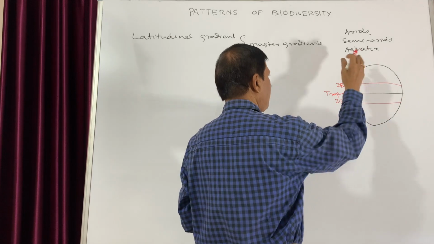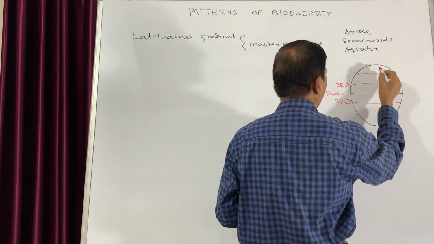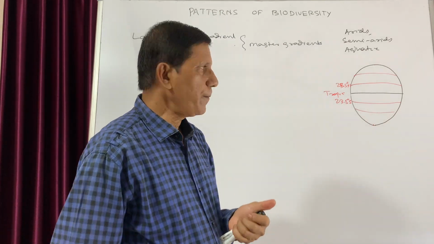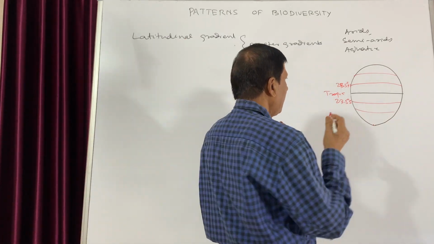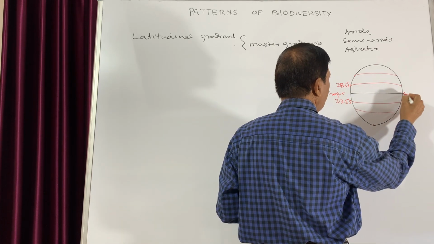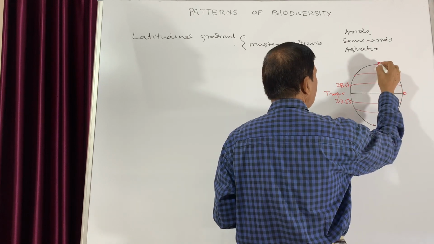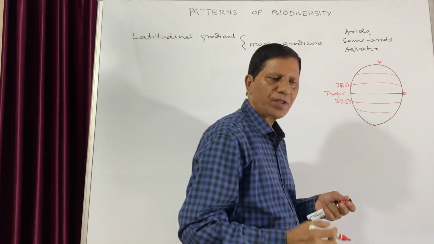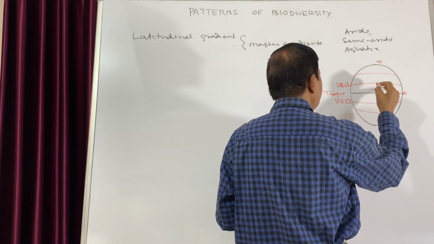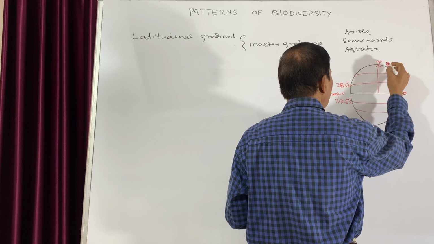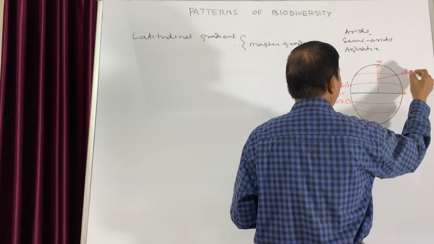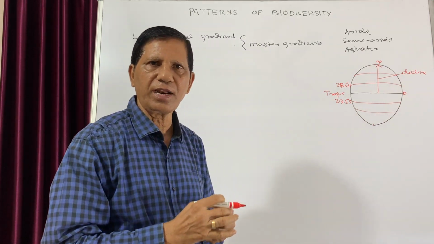Beyond the tropic, you will find the temperate area, and finally you will get the poles. So the latitude starts from 0 here, and at this point it is 90. When we proceed from the equator towards the poles, gradually there will be a decline in the biodiversity.